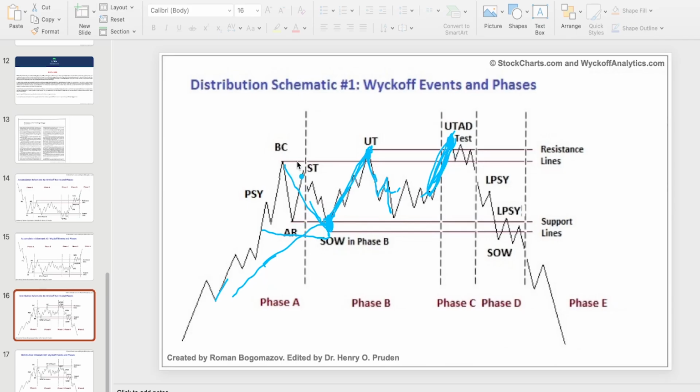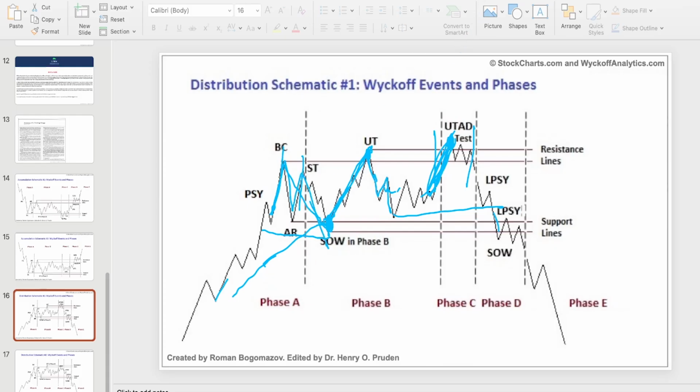So there's going to be our first change of character in phase A, and our second change of character in phase C to the downside. So this is going to be our second change of character, and this is our first change of character, this move to the downside.